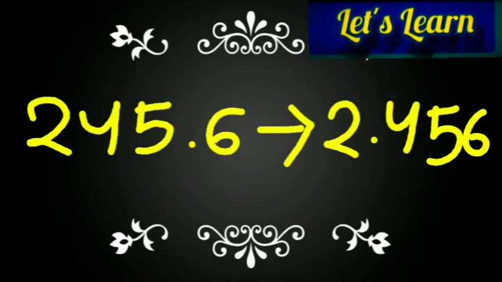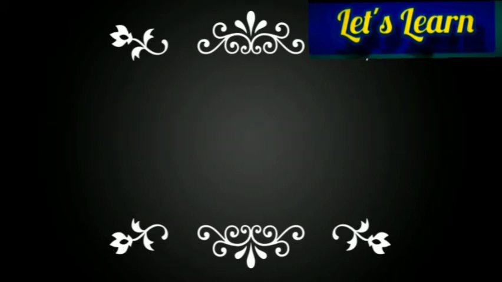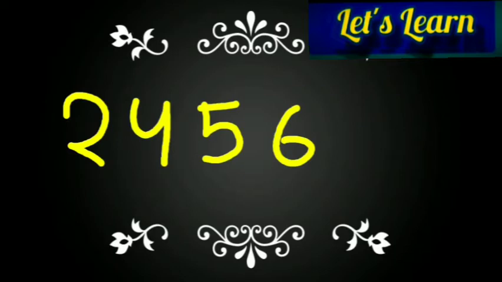Similar process, we have to take care of the point, and we just need to know how many places the point is moving and in which direction. First thing, the number was 245.6. The decimal point is in between 5 and 6.